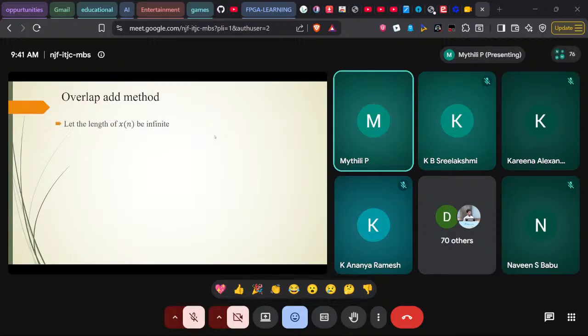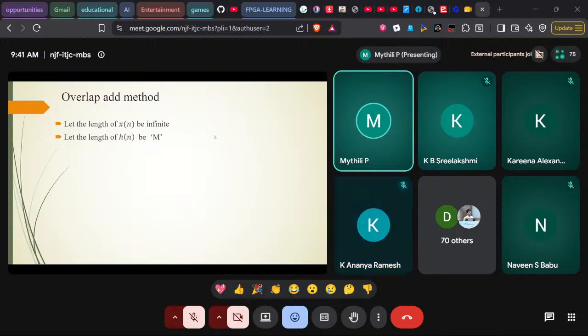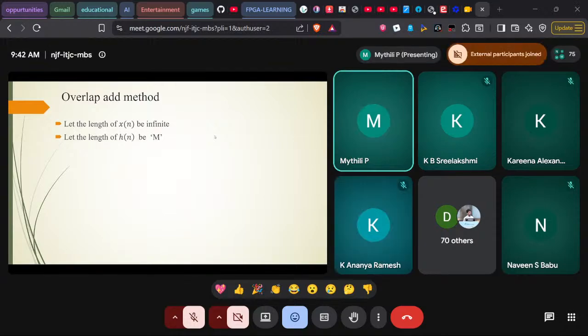Let's assume the length of x of n is going to be infinite, and the length of h of n is finite, and it is m. One of the signals is of infinite length, of course, and the other one is of smaller length, that is m.